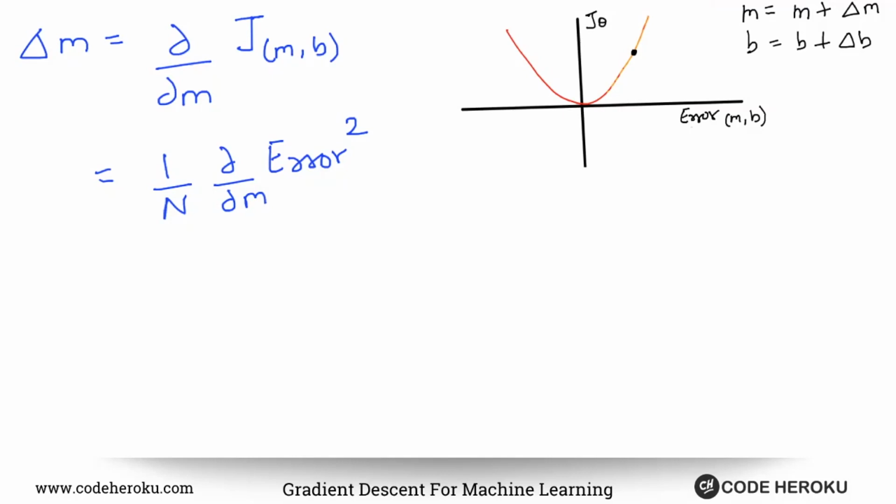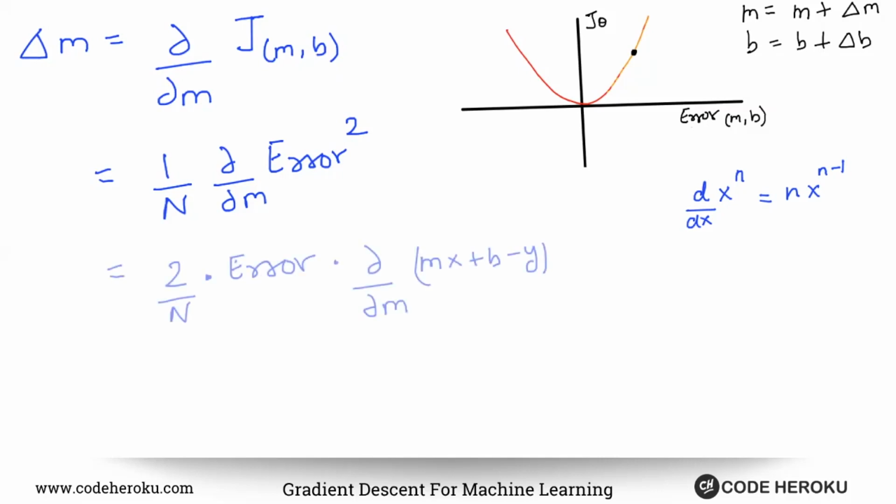A regular differentiation. 2x, right? So what we are going to do over here is the same thing. We are going to use the power rule, which is d by dx x raised to n is going to give n x raised to n minus 1, which is what you guys got there.